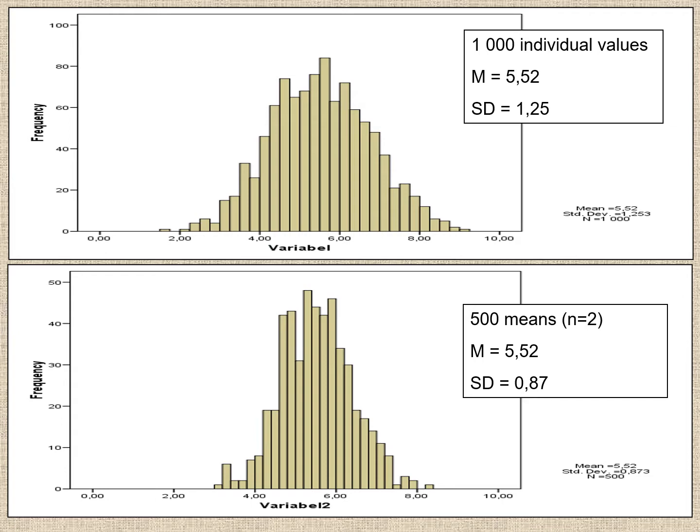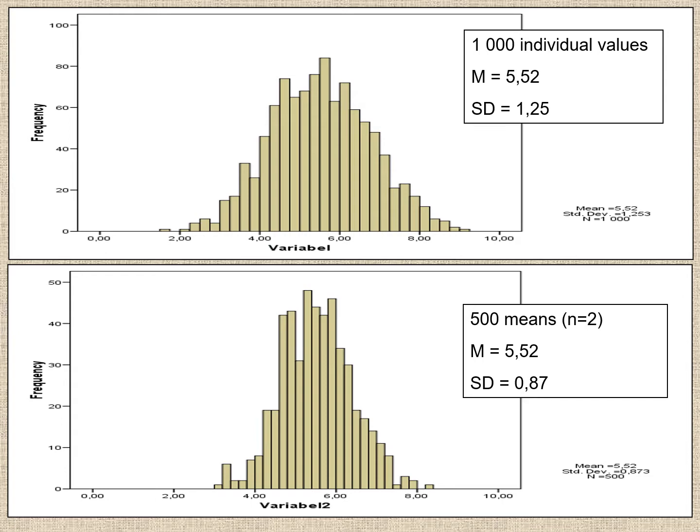We can be quite sure that this other person will have a value that is lower than this person's value of 9. There is some probability of this person having an even higher value than 9, but that probability is very low. Why? Because almost everybody has a value that is lower than 9.